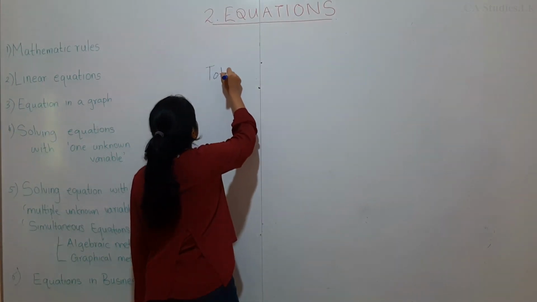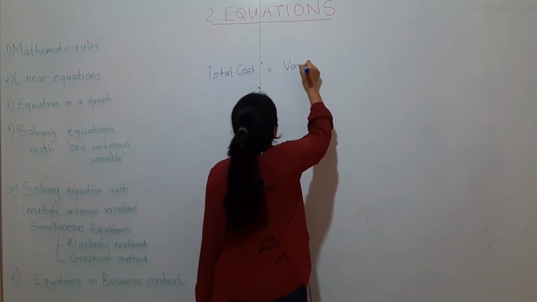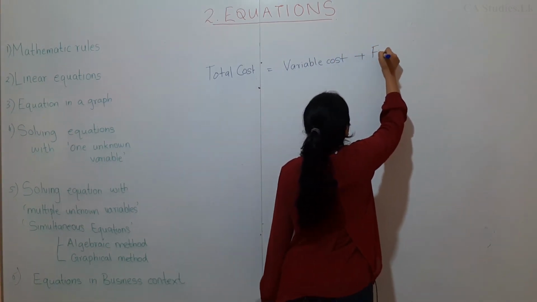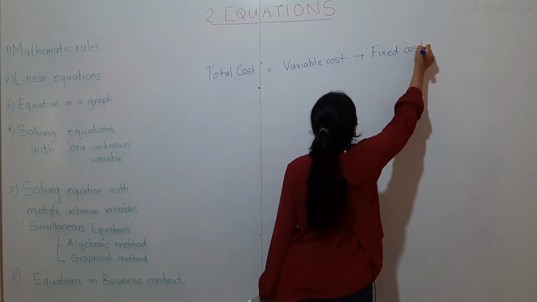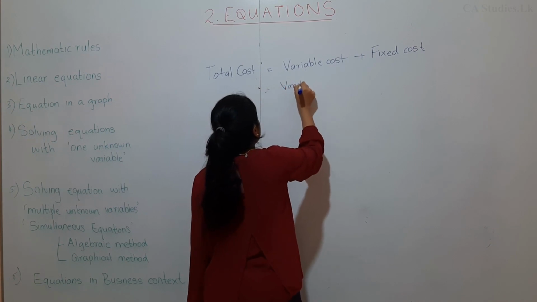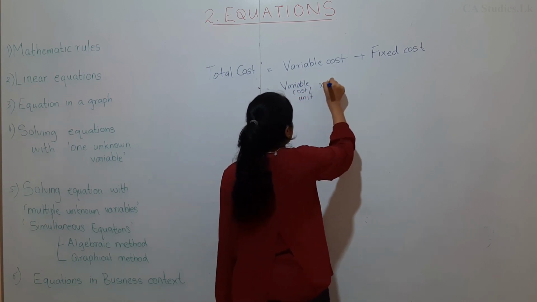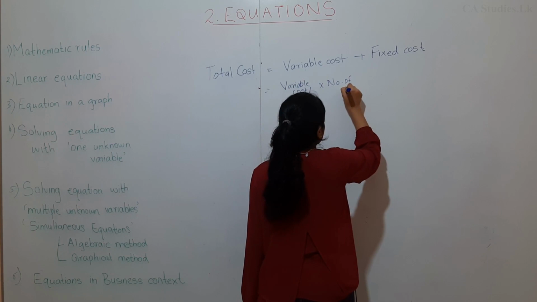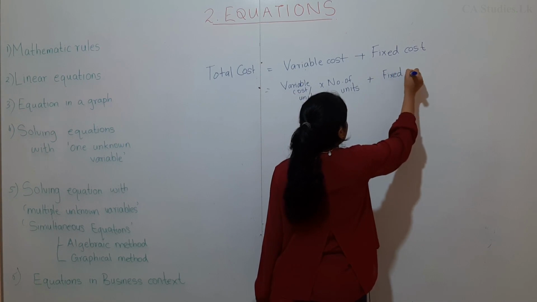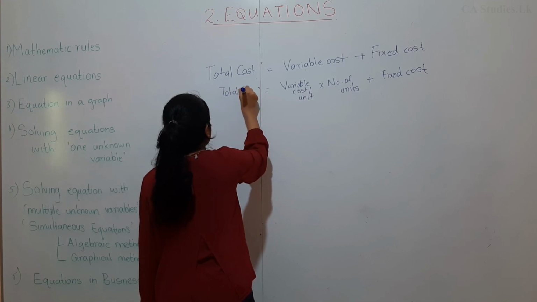Total cost equals, as we know, variable cost plus fixed cost, where variable cost is obtained as variable cost per unit multiplied by the number of units, plus fixed cost equals total cost.